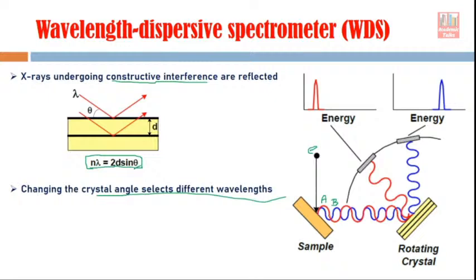And these two X-rays have different wavelengths. Now this is the crystal. So when these two wavelengths fall on this crystal, they will be deflected, or you can say diffracted, to different angles, right?